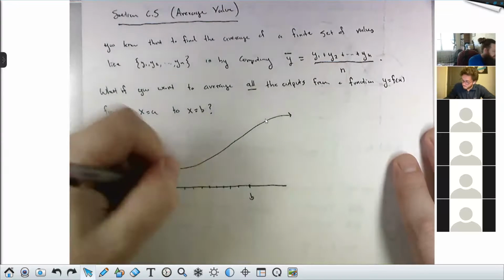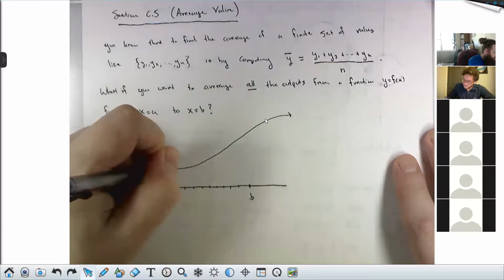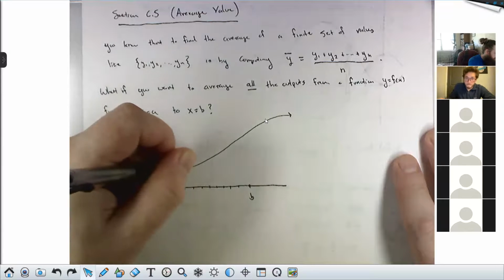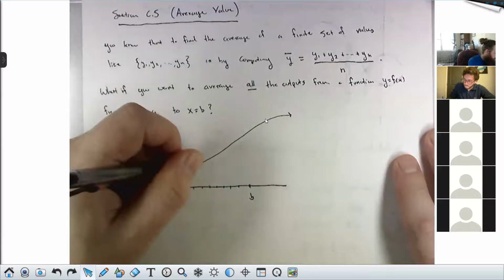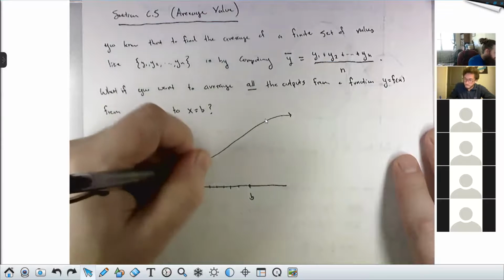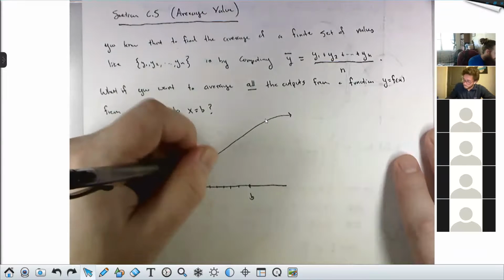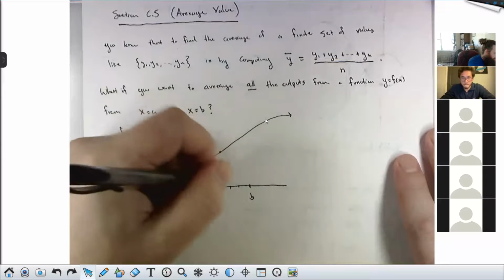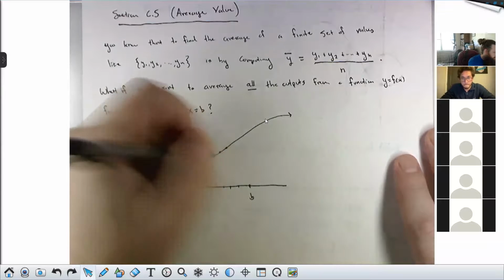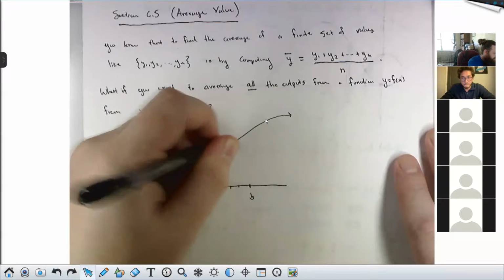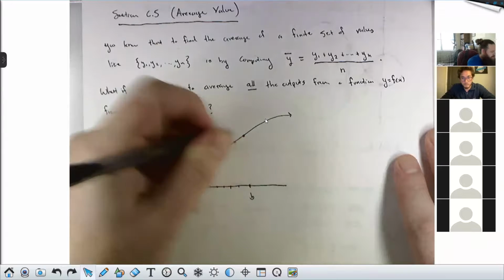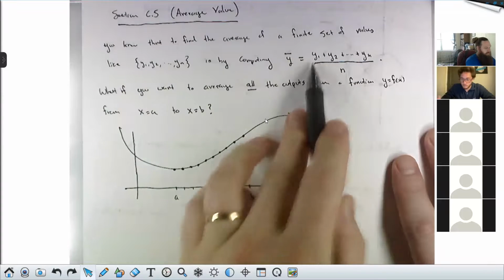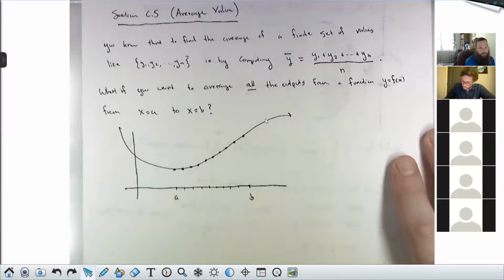And then just average the associated y values. And you can probably smell where this is going. In place of a sum like this, you're going to have an integral.